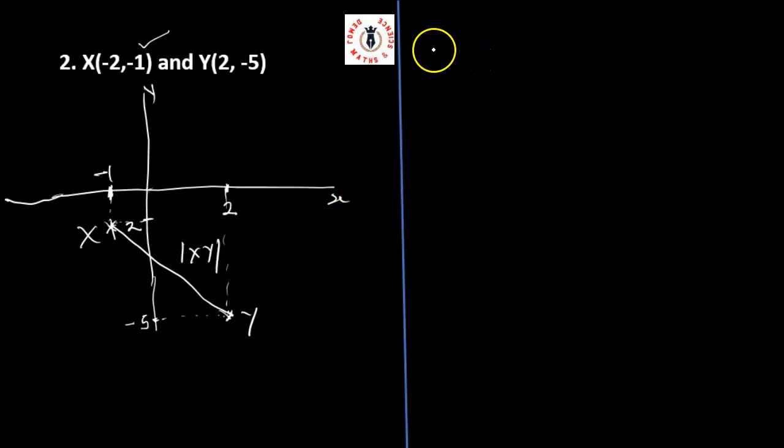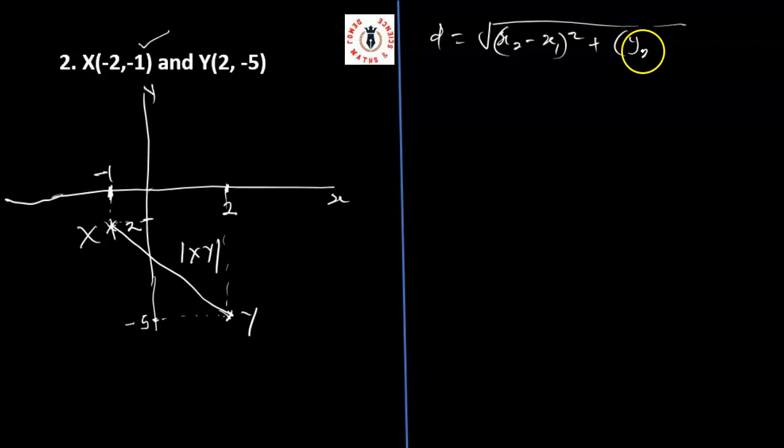Now, let's use our distance formula. Our distance formula says that d is equal to the square root of x2 minus x1 all squared plus y2 minus y1 all squared. Now, let's label it carefully.